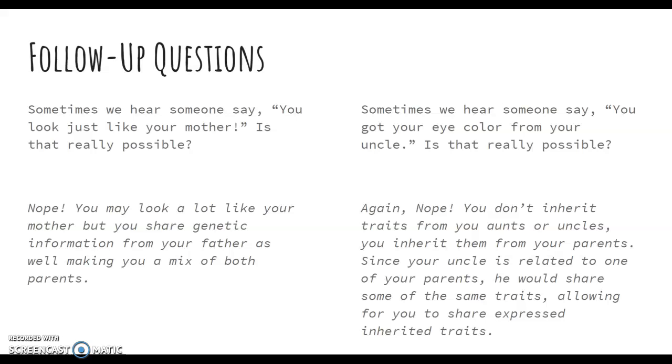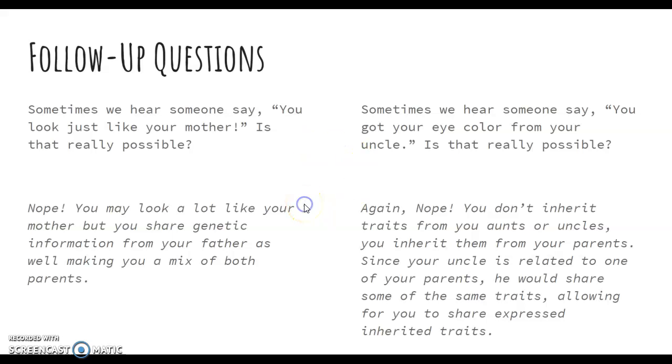It's because you have a set of individuals in your family, your grandparents, that had shared genetic information with their offspring, which is your mom and your uncle or your dad and your uncle. And that's where that similarity would happen. Doesn't mean that you got it from your uncle.